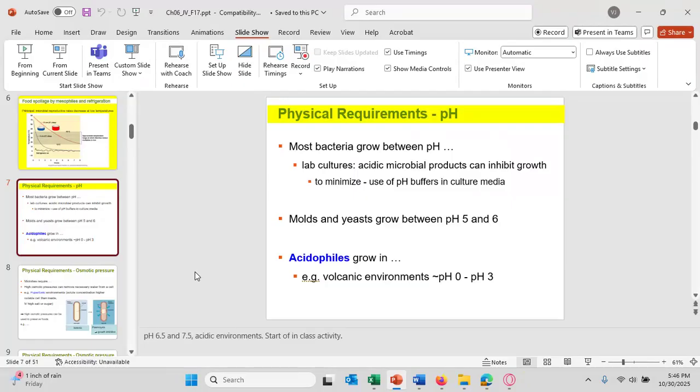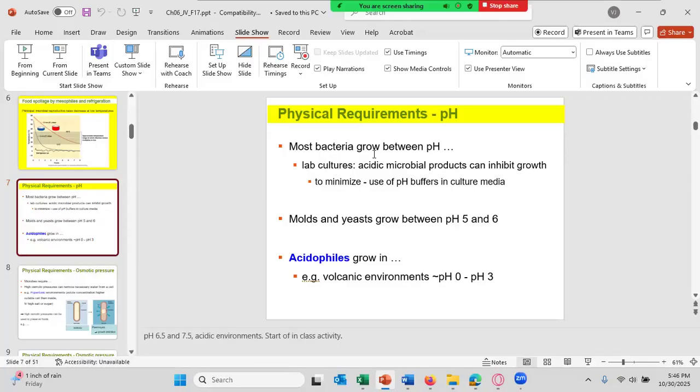To minimize this problem in the microbiology lab, we incorporate pH buffers into the culture media. When the acid is made, the buffers combine with and neutralize those acids. Any question about any of that?